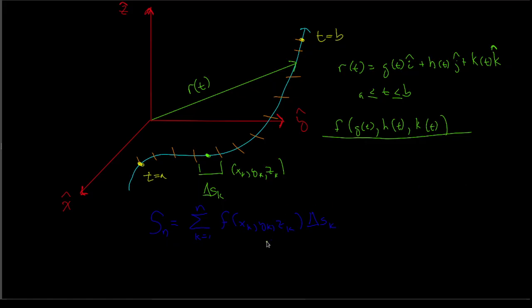Now, we're going to assume that the norm of the partition approaches 0 as n goes off to infinity. This book's really good at using this notation early on: the size of our partition, the norm of the partition, goes to 0 as n goes to infinity.